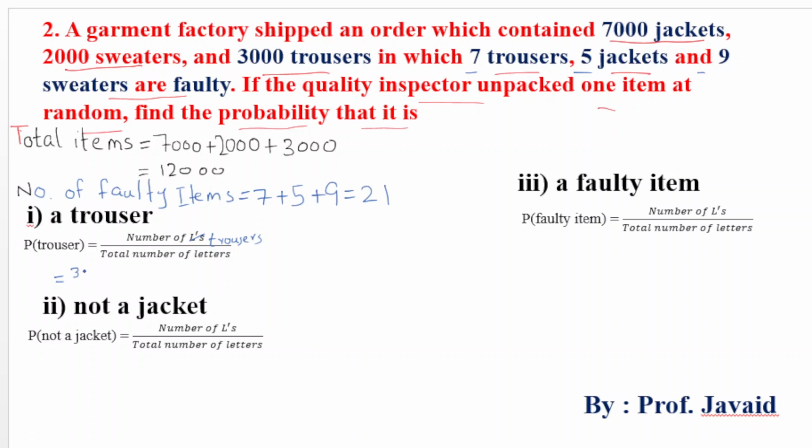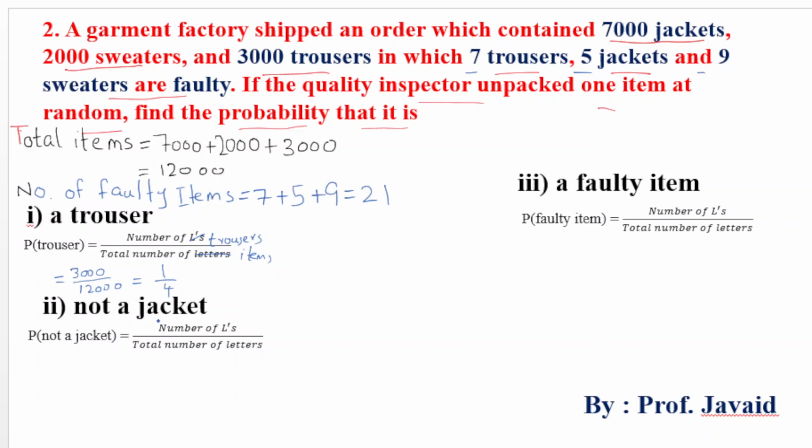So let me write 3000, and the total number of items is 12,000. We can cancel out these zeros, and 3 one times and 3 four times 12, or you can just use a calculator, so you will get 1 over 4. So that is the probability of a trouser.